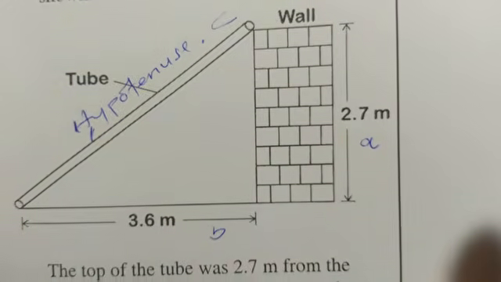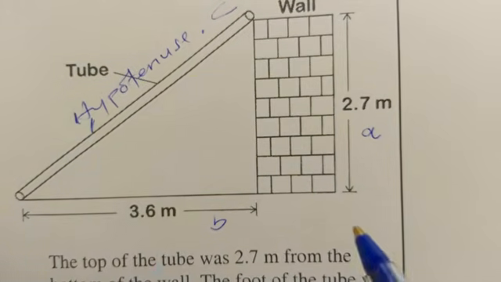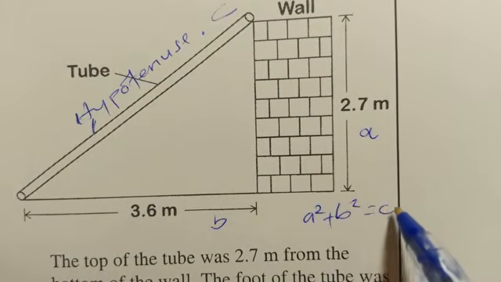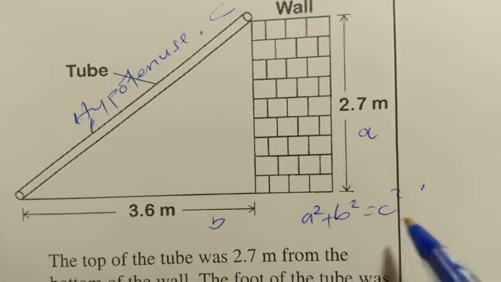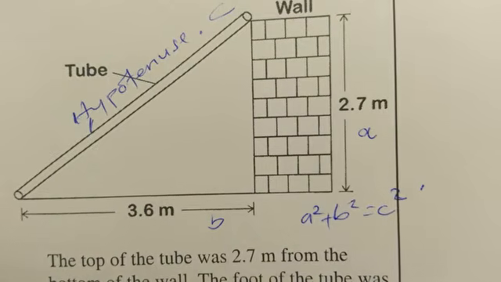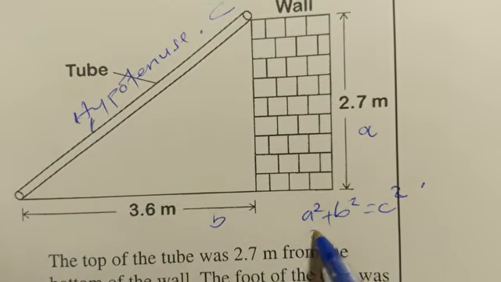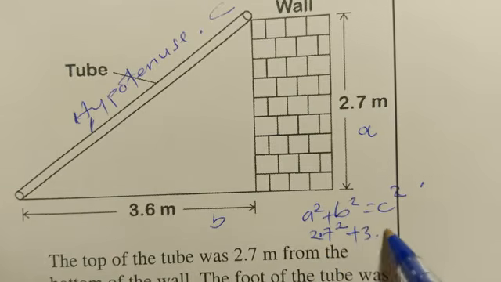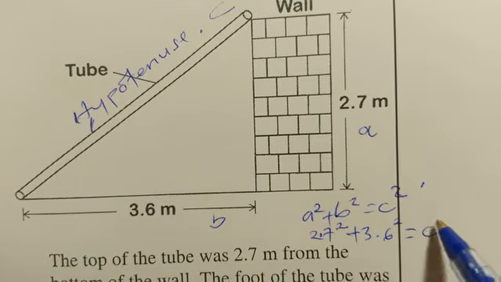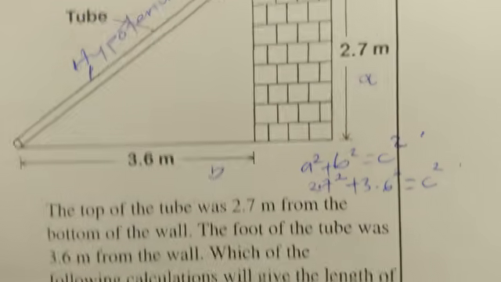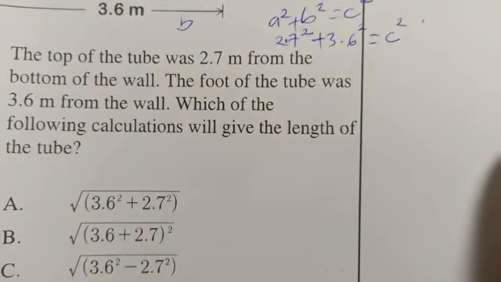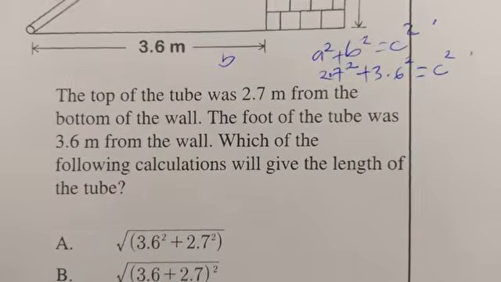If we use the theorem directly, we'll have a squared plus b squared is equal to c squared. Our issue here is to get c, the hypotenuse. So we have a as 2.7 squared, plus b, which is 3.6 squared, is equal to c squared. From the look of our answers, we are not going to complete everything.